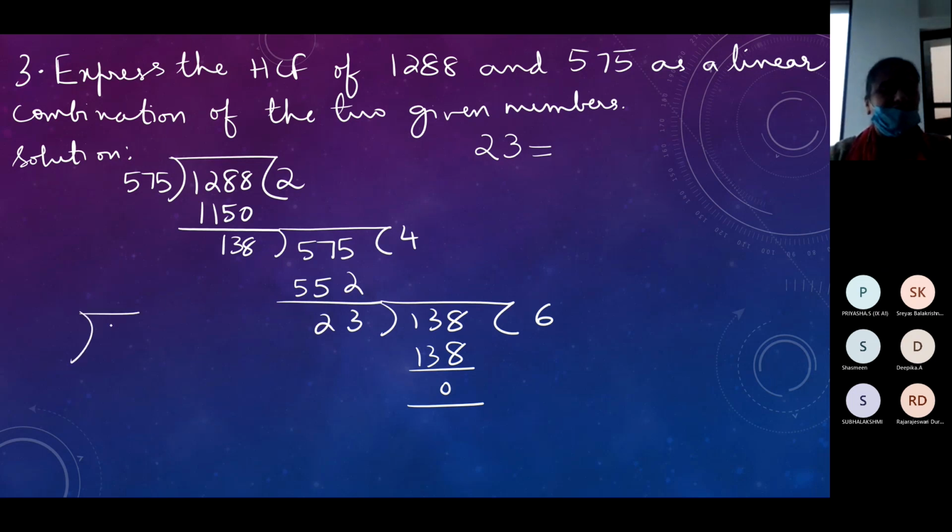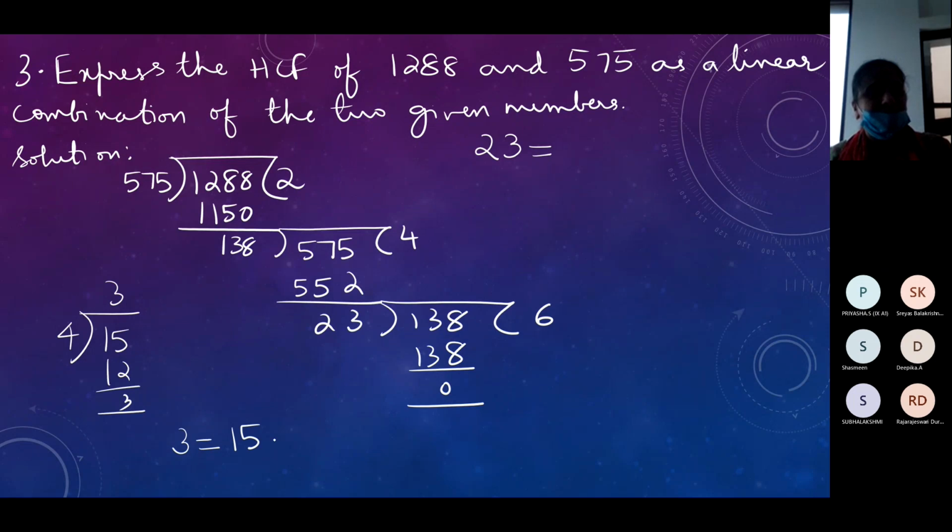Look at this simple division. What is the remainder 3? The remainder 3 is the dividend minus 4 into 3. Yes or no? The remainder 3 is the dividend 15 minus 4 into 3.